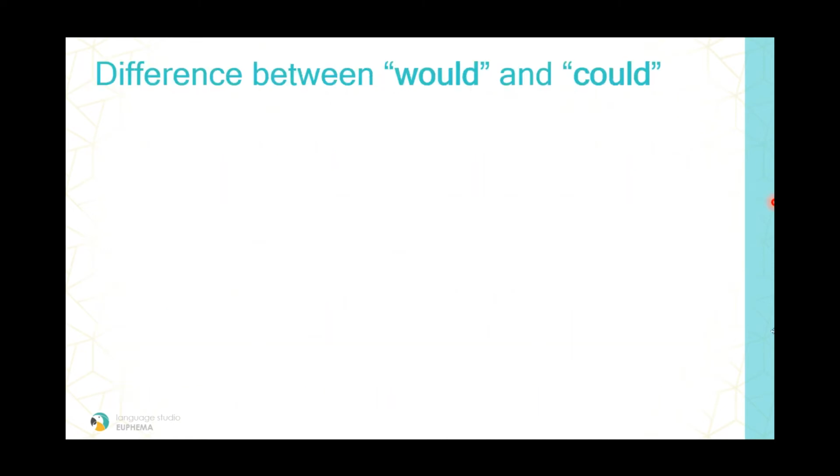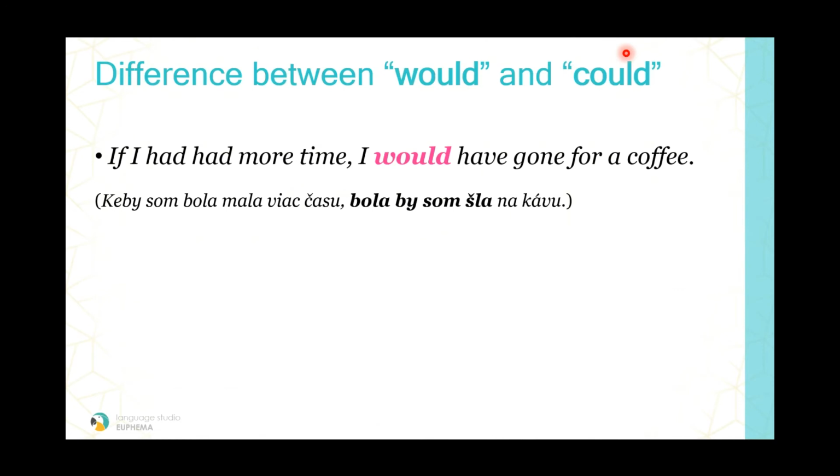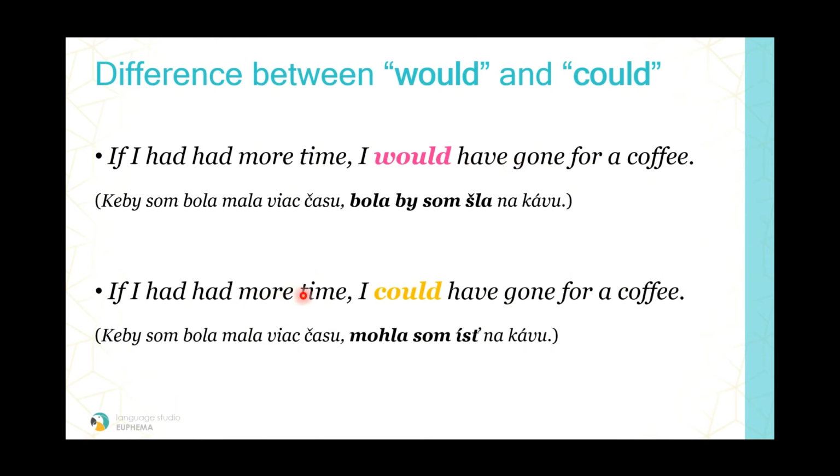Maybe you're asking what the difference is between would and could in the main clause. Well, let's see these two examples. If I had had more time, I would have gone for a coffee. And now, if I had had more time, I could have gone for a coffee.